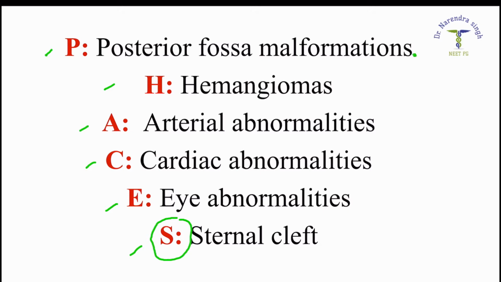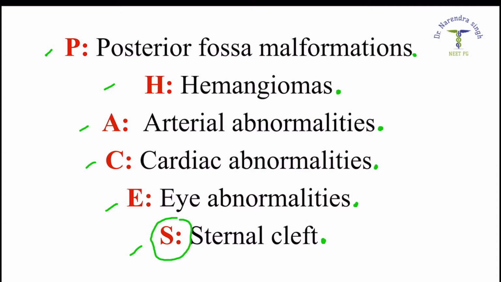The individual components will be discussed later in the coming slides. H is hemangiomas, A is arterial abnormalities, C is cardiac abnormalities, E is eye abnormalities, and S is the external cleft.